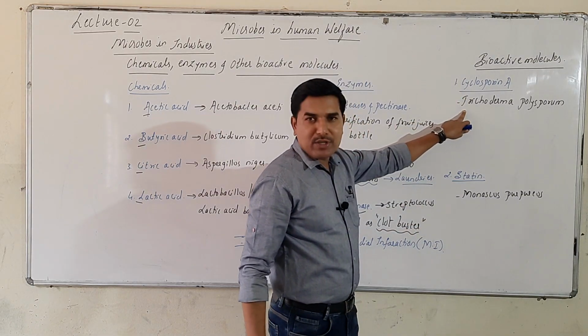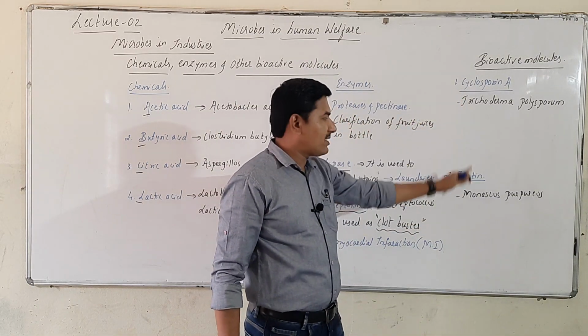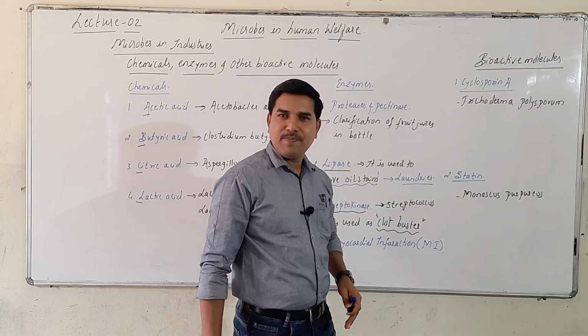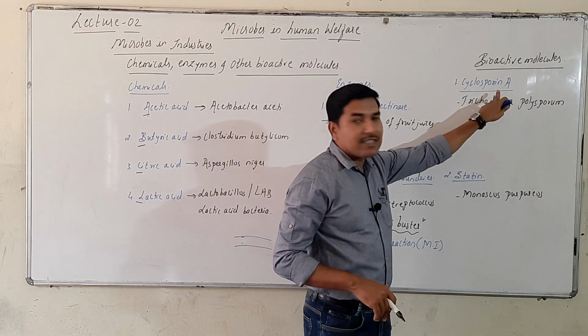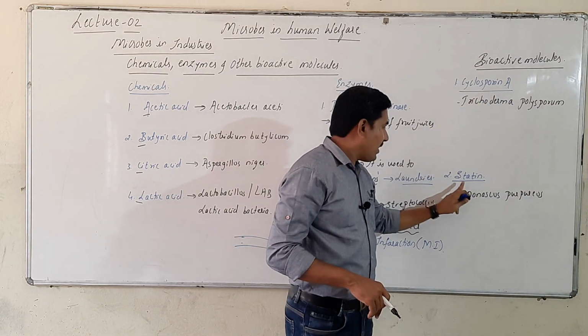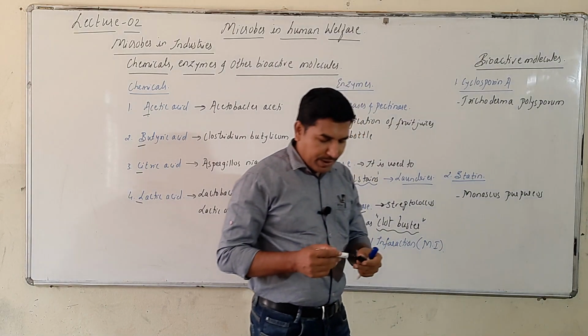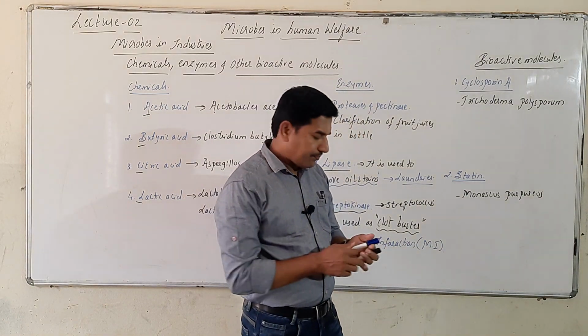Cyclosporine A is in the form of injection only. Statin is also injection, both are injections. Trichoderma polysporum is a fungus from which this cyclosporine A is produced, and statin is produced from Monascus purpurus. Then what are their function?